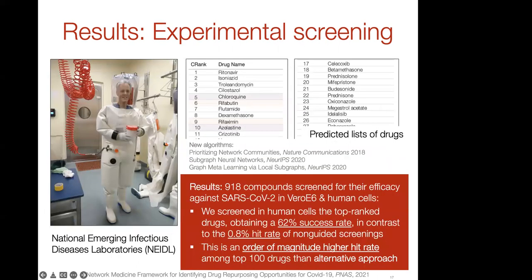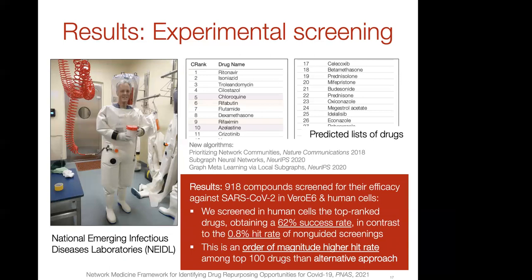So what we did is we teamed up with the National Emerging Infectious Diseases Laboratories at Boston University. This is a level 4 laboratory where they can work with live virus. We shared with them some top predicted drugs by the model, and they used those predicted lists to inform their experimental screening.